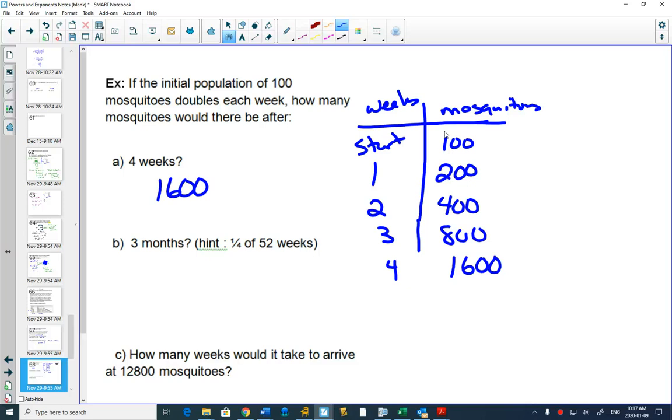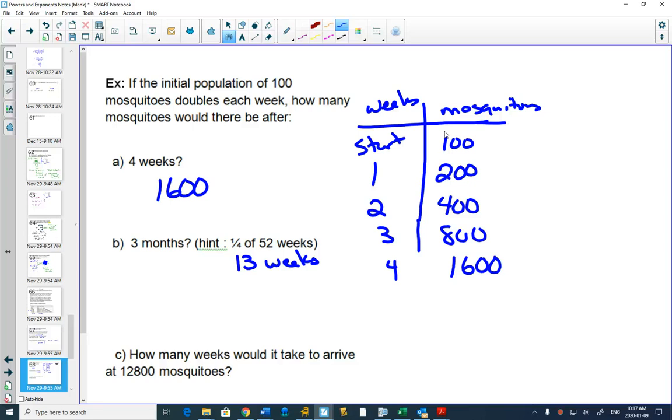Three months, there's 52 weeks in a year. 3 months is a quarter of a year. In 3 months, there will be 13 weeks. We could just keep going with our pattern.